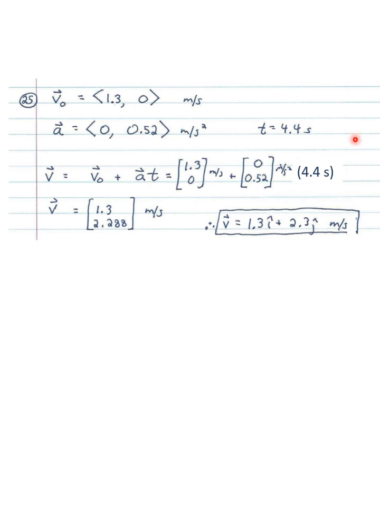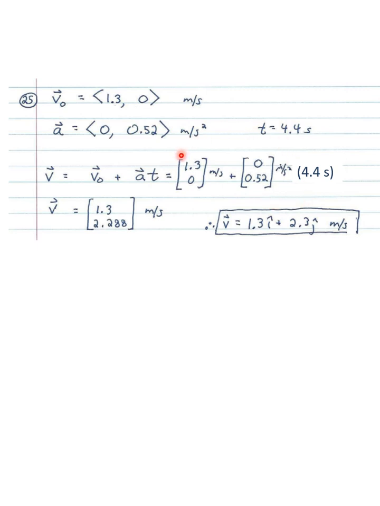So for the velocity vector, we can use this kinematic equation that v equals v naught plus at. And here I've turned it into the stacked vector notation, so you can see the x and y component for v naught, the x and y component for acceleration, and then times time.